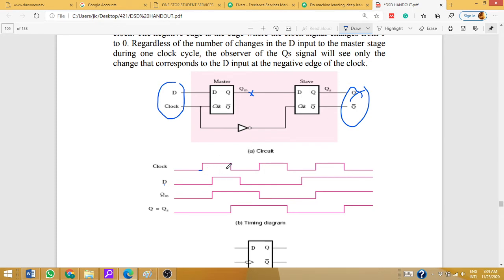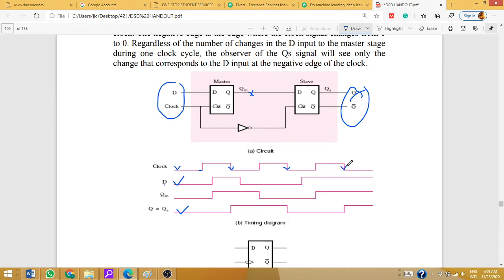If you see how clock, D and Q are related, Q is changing on clock edges, not levels, especially in a negative edge flip-flop.